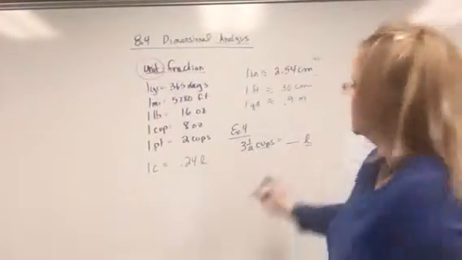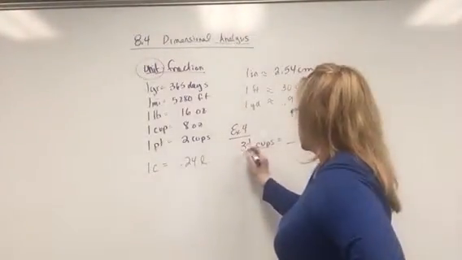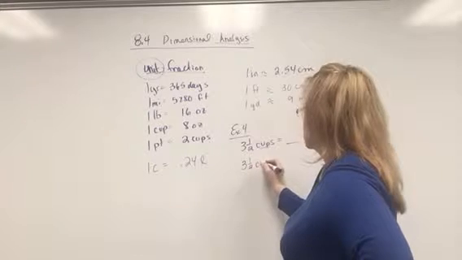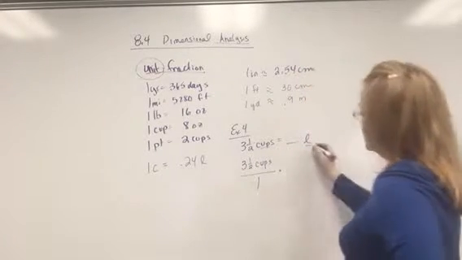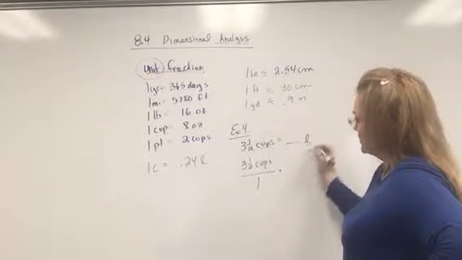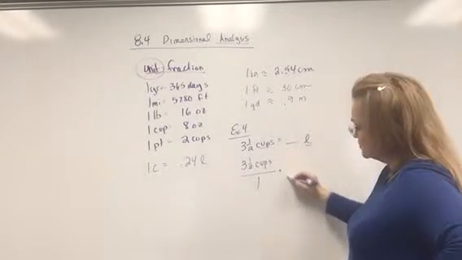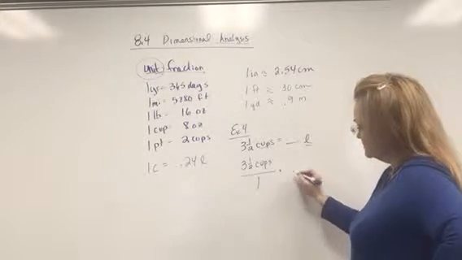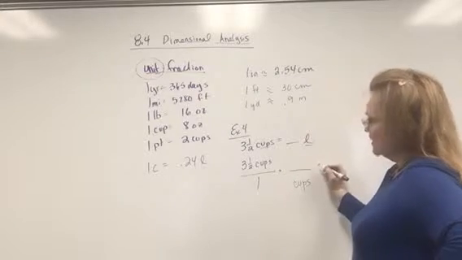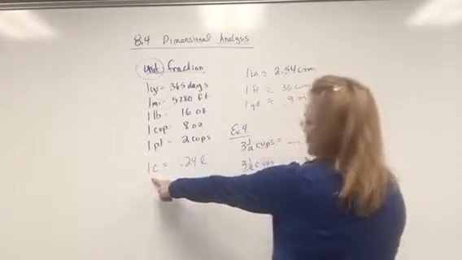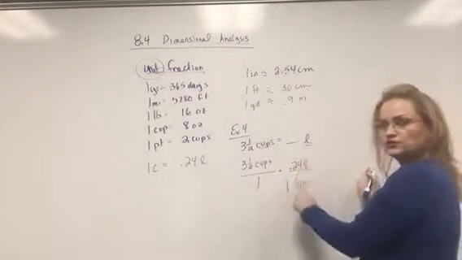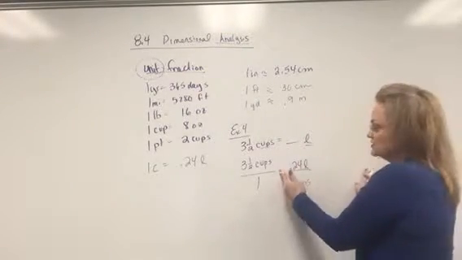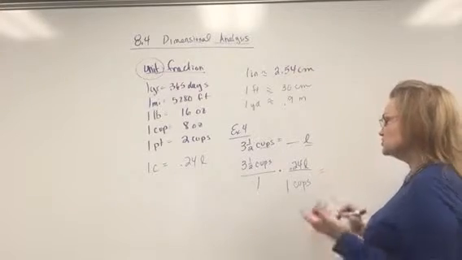And there is, so I'm able then to say 3.5 cups, and I can put that over 1, times, and I need a statement of truth, and I want to get rid of cups, remember, so I want that diagonal, so I want cups on the bottom, and then I look over here and it says 1 cup is 0.24 liters. That's a statement of truth or a unit fraction. So now I know to multiply those two.